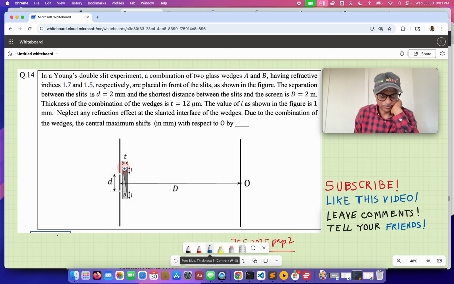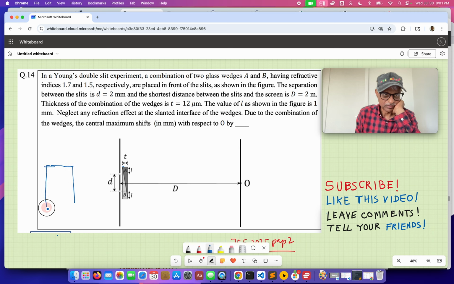All right, so let's blow it up. Let's look at the slide. Like this, right? So here's the first slit, here's the second slit. We'll try to simplify a little bit.